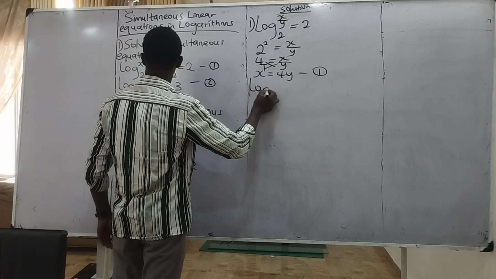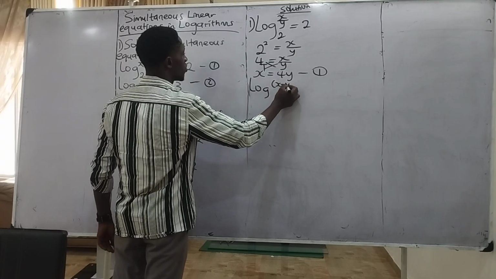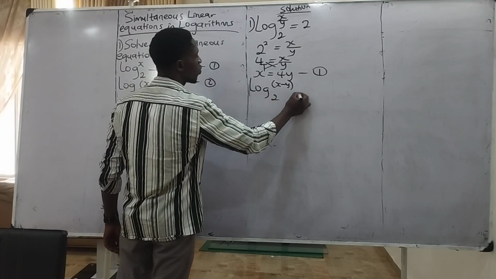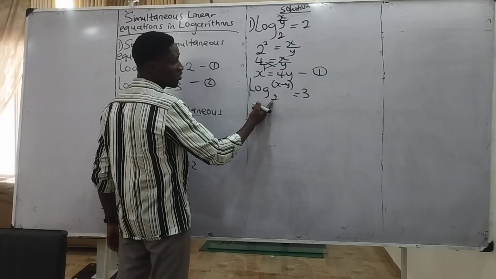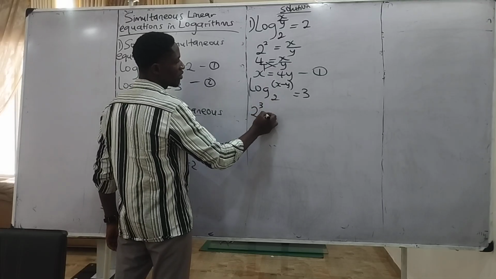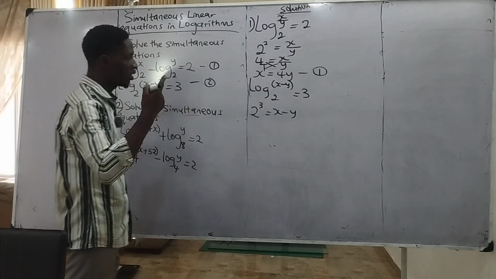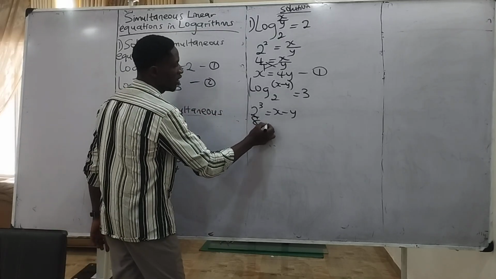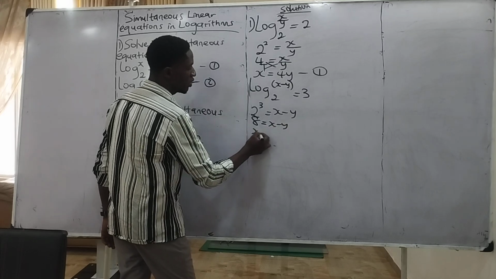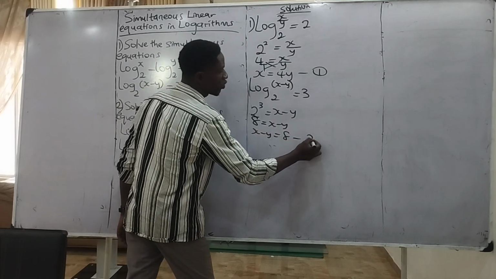So we have log x minus y in base 2 is equal to 3. So the base here is 2. 2 raised to the power of 3 is equal to x minus y. 2 raised to the power of 3 means 2 times 2 times 2, which is 8, is equal to x minus y. So let me arrange it well. So this is equation 2.